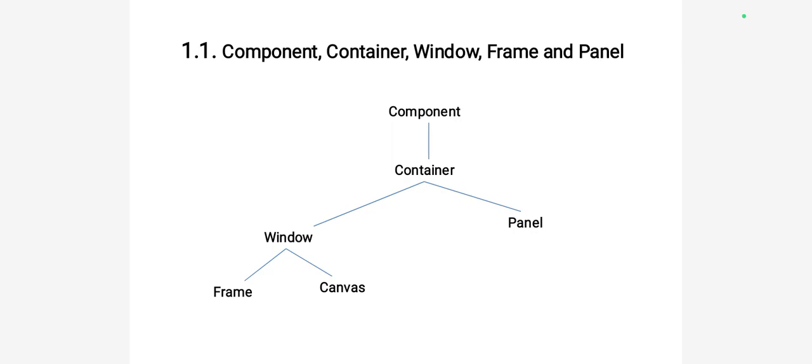Container has two descendant classes, which are the window class and the panel class, and window has two child classes. The first one is frame and the second one is canvas. This is all about the component, container, window, frame and panel hierarchy.